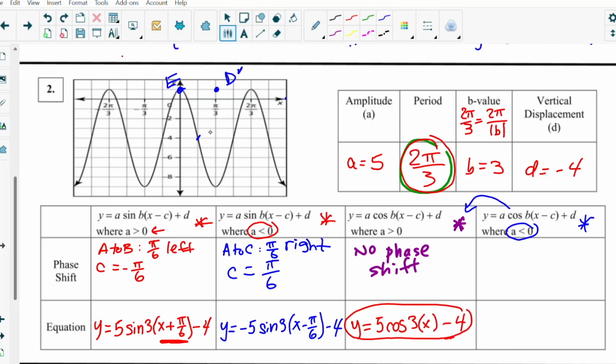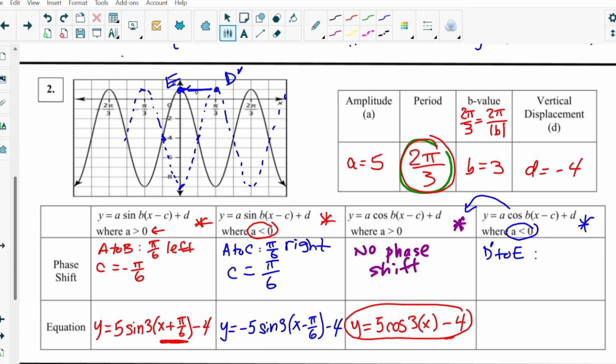From here, I'm going to draw in the reflected version of the function I'm trying to get to. So from D prime to E, what is that distance?